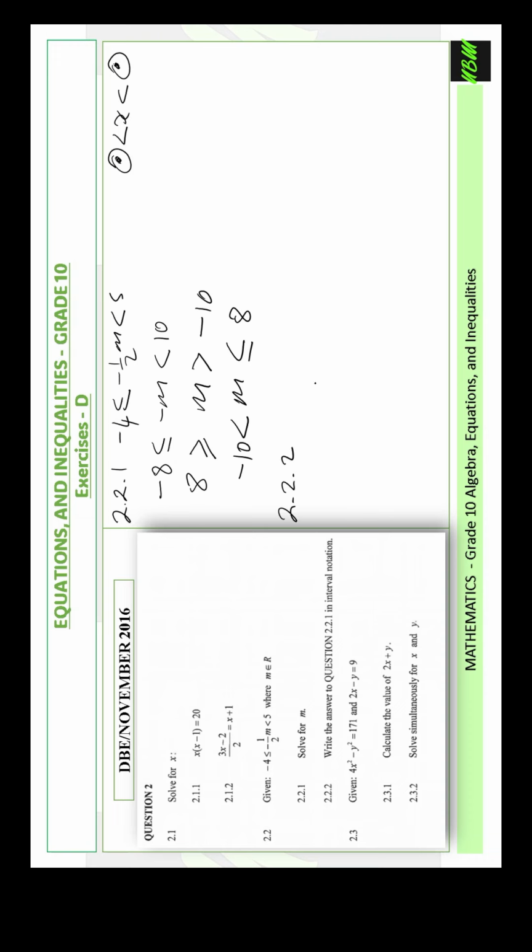2.2.2, they say write the answer to question 2.2.1 in interval notation. So we have seen how to write in interval notation in the previous question. So firstly we say m is an element of values from, to. From where? From, again, let's go backward to our inequality. Let's start with this one.